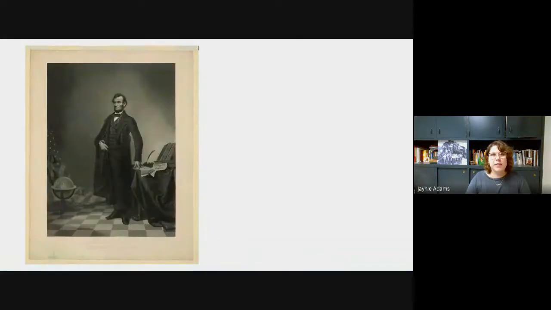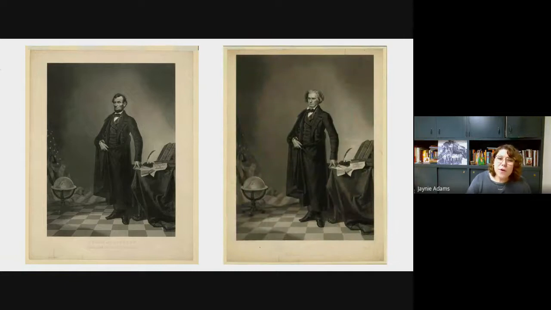So here's a really good example of the bias that potentially exists in photography. This is a very, very famous photograph of Abraham Lincoln. Actually, no, it's not. This is an 1860s Photoshop. This is a photoshopped photo of John C. Calhoun. Abraham Lincoln was considered at the time to be unfortunately ugly.